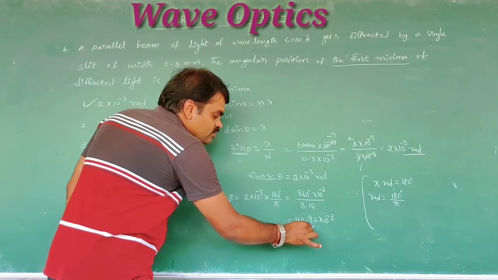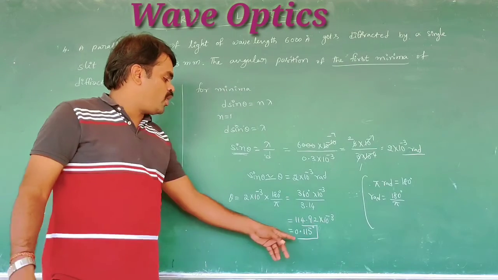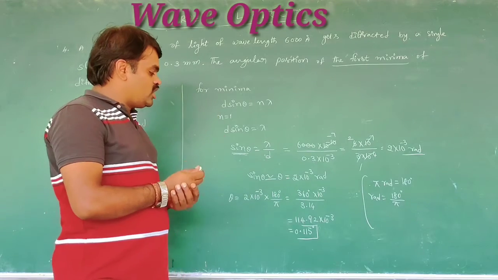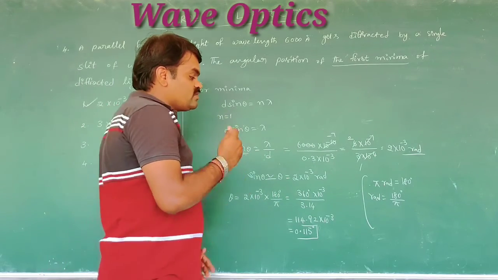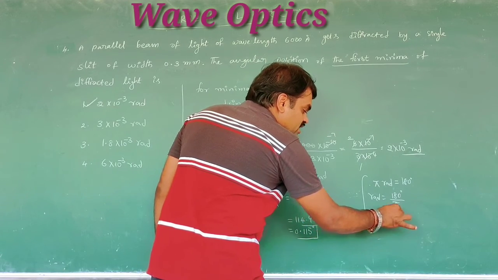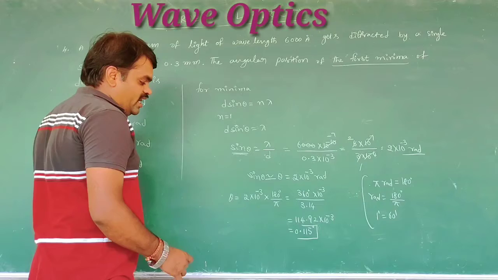It is, in terms of degree, 0.115 degree. Maybe they are asking in terms of minutes. In terms of minutes, 1 degree is equal to 60 minutes. Then we multiply it.